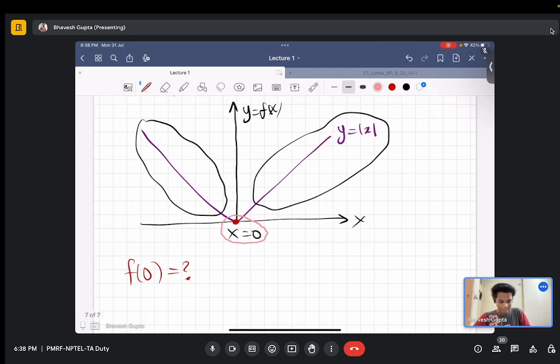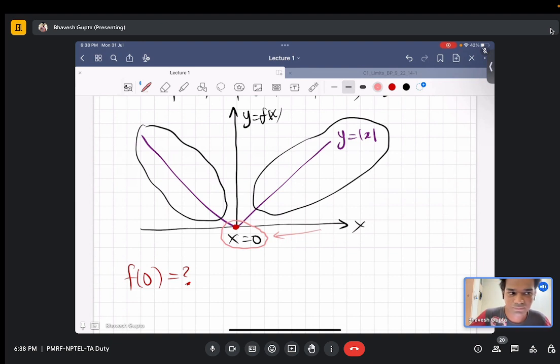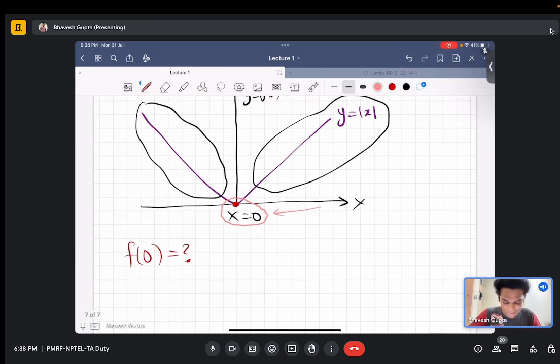Maybe mathematically you can see it very easily, but in real life it's very hard, because in nature we don't see sharp corners very often. We usually see smooth behaviors. But since you have asked this question, yes, we can calculate this answer.